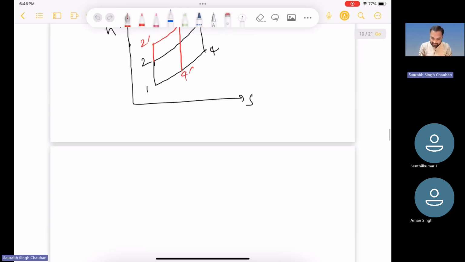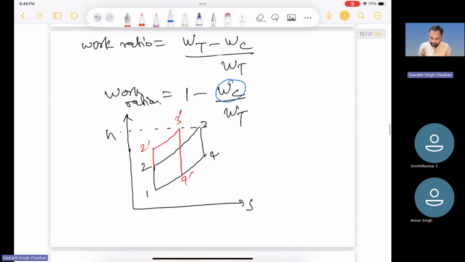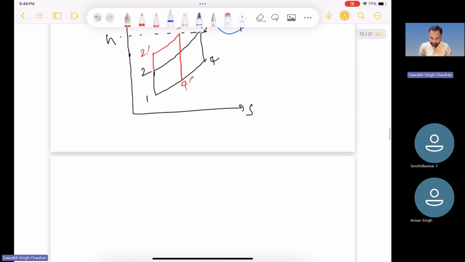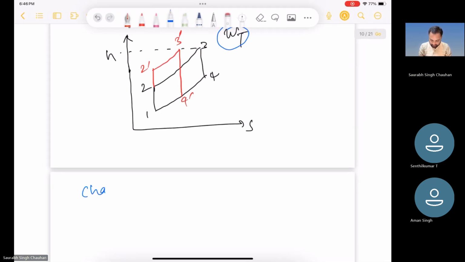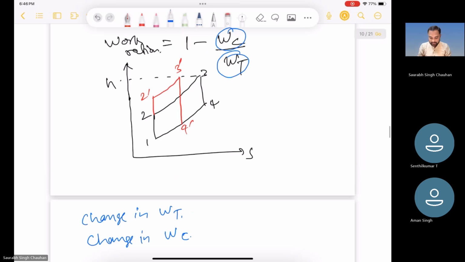So we have to consider these two values, change in turbine work and change in compression work, change in WT and change in WC.